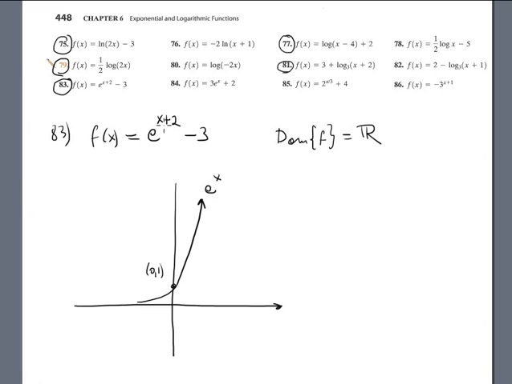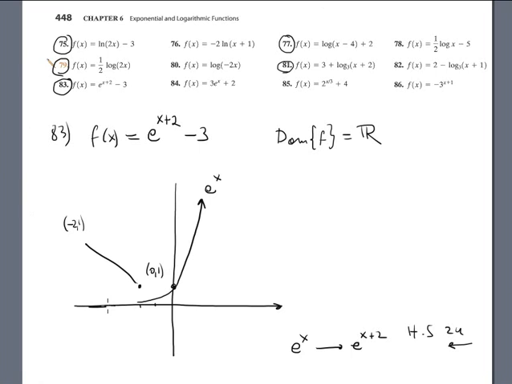Now we have a transformation. e to the x is transformed like e to the x plus 2. In this case it's a typical horizontal shift 2 units to the left. This point becomes (-1, 2), and this point becomes (-2, 1).